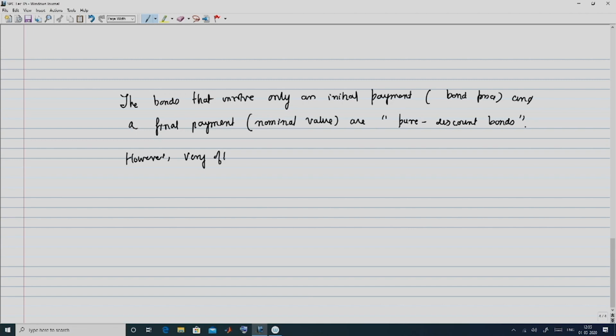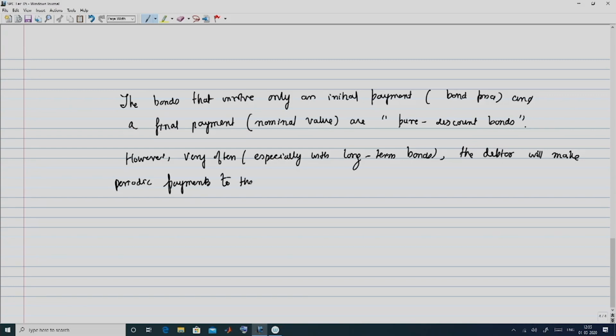Very often, and this is especially true with long term bonds, the debtor, that means the party which has issued the bond, will make periodic payments to the creditor during the life of the bond.